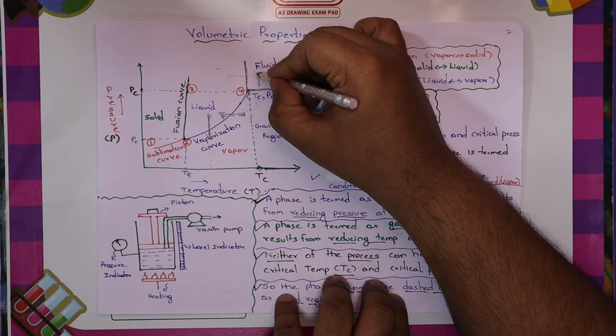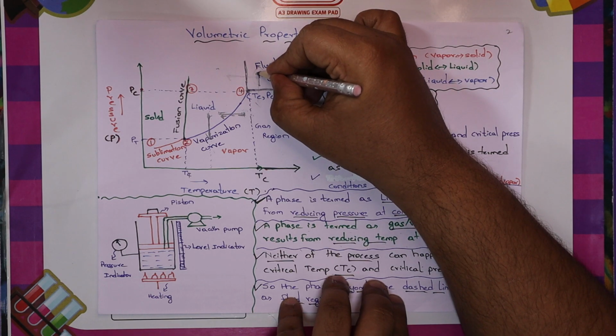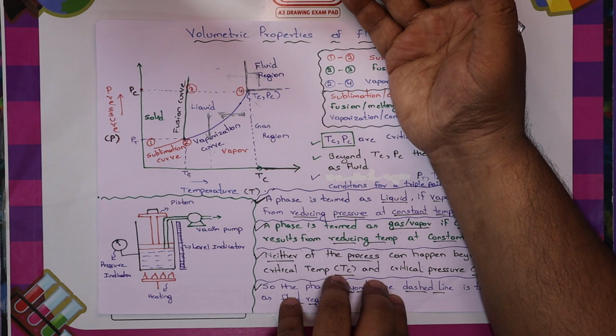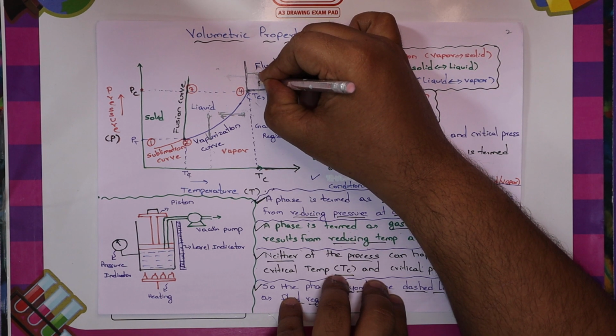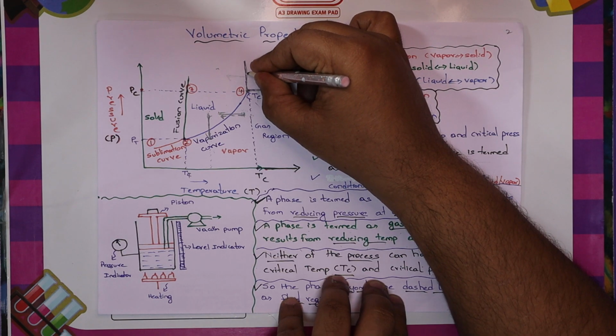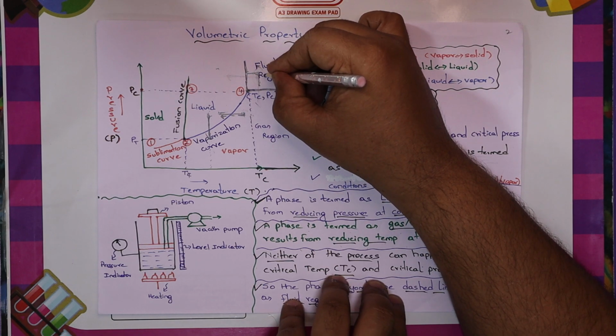Assume this substance at this temperature and pressure is a vapor. If you reduce the temperature, it will not become a liquid. Neither reducing the pressure will make it a vapor, nor reducing the temperature make it a liquid. Both will not happen. That particular region is called the fluid region.